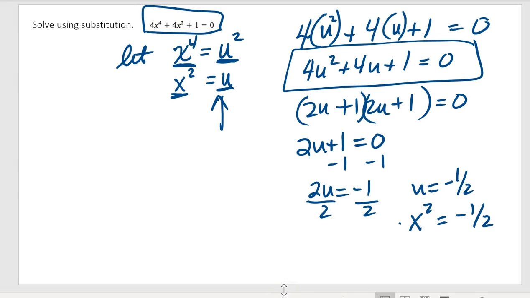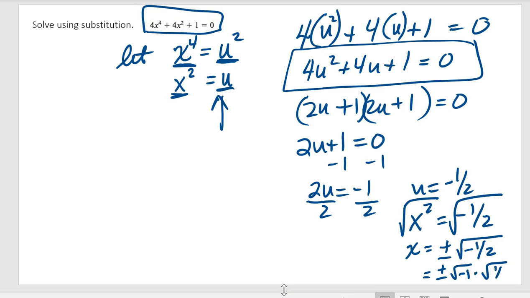To solve for x, I'm going to take the square root of both sides. And when I take the square root of a square, I get the radicand. When I take the square root of a number, I'll get plus or minus that square root. Now, I could rewrite this as plus or minus the square root of negative 1 times the square root of 1/2.